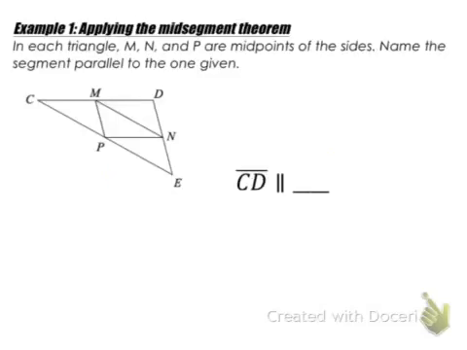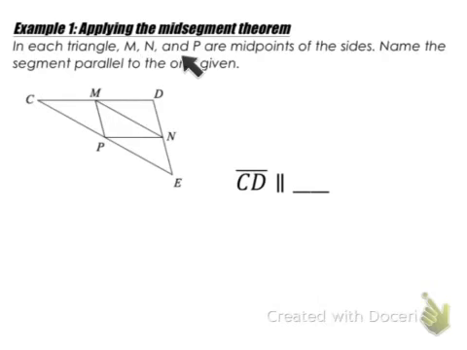Alright, in example 1 we're going to apply the midsegment theorem. It says in each triangle, M, N, and P are midpoints of the sides. Name the segment parallel to the given one. So CD is this side right here, and we have to find what segment is going to be parallel to CD.